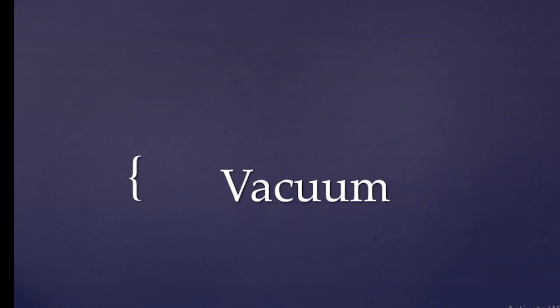Welcome, guys. In our series on PostgreSQL, we are now starting a new topic: vacuum. Vacuum in PostgreSQL plays a major role in update, delete, and reclaiming the space used by updated and deleted table rows.